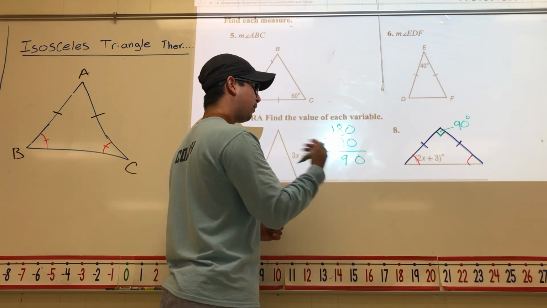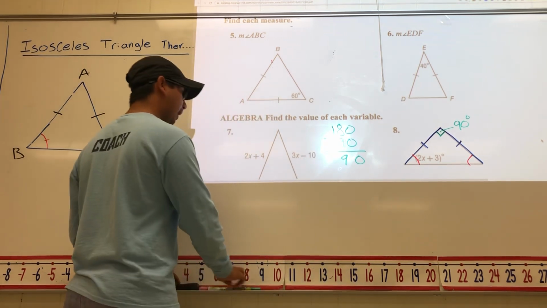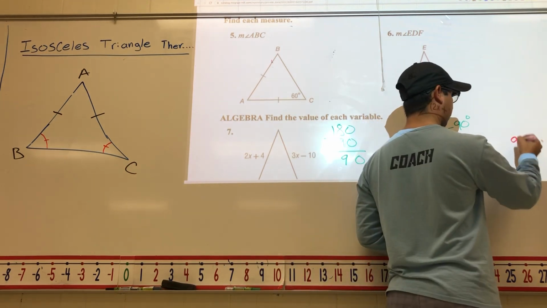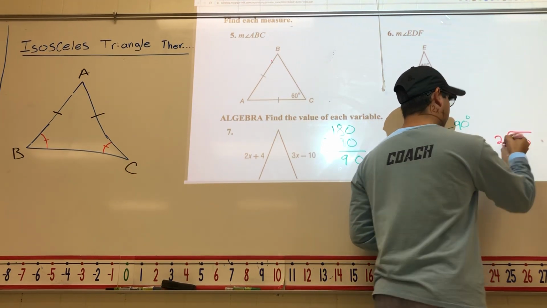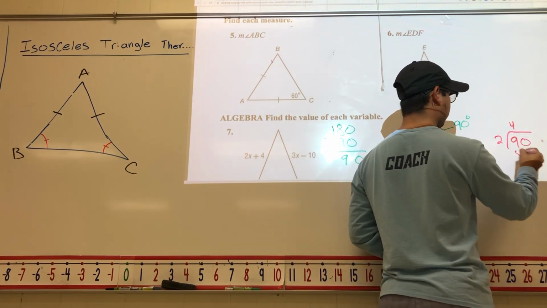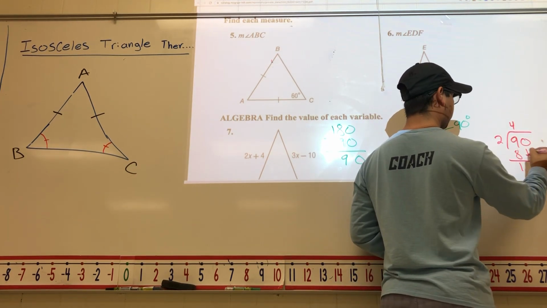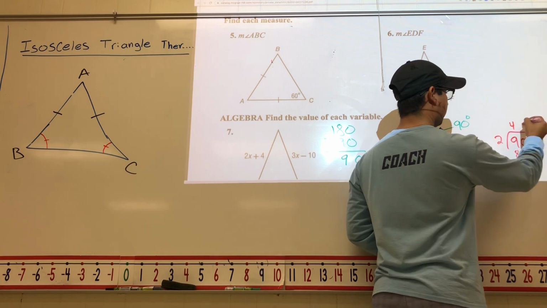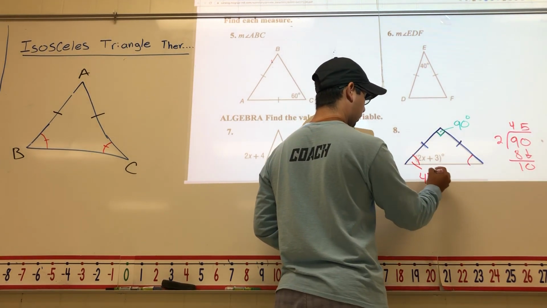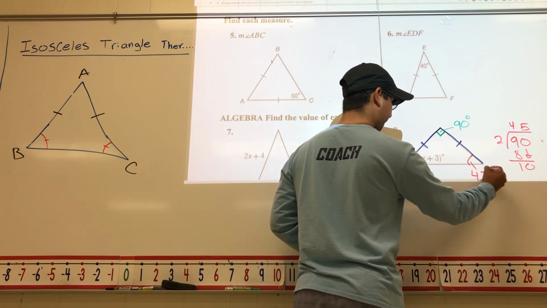So we're going to divide that by 2, because we want 2 equal parts. So 90 divided by 2 is 45. That means that each of these angles here measures 45 degrees.